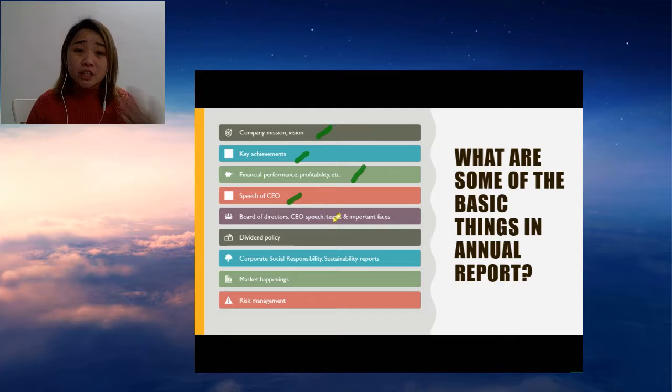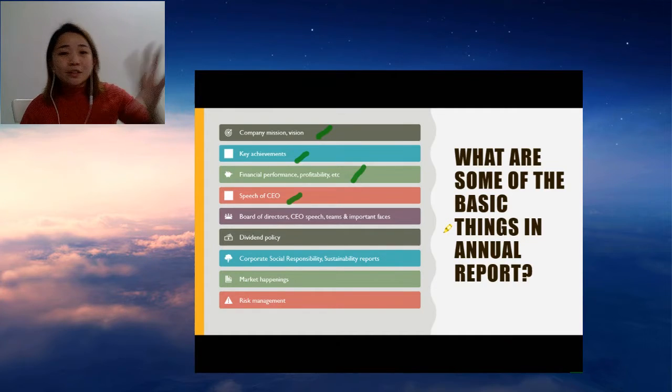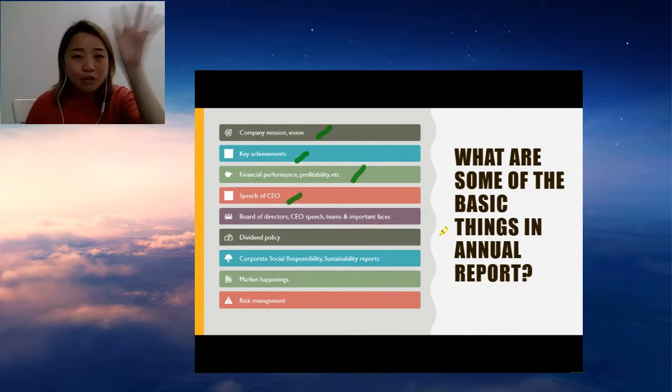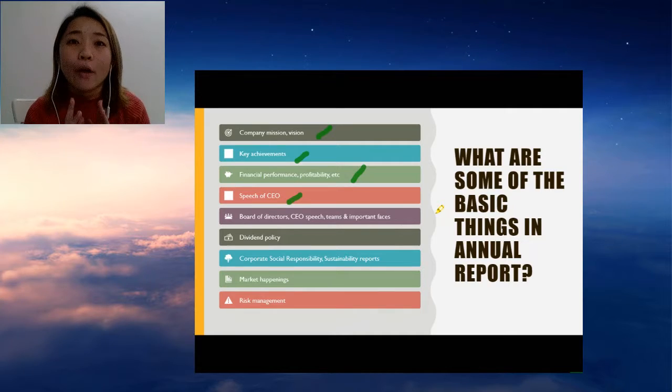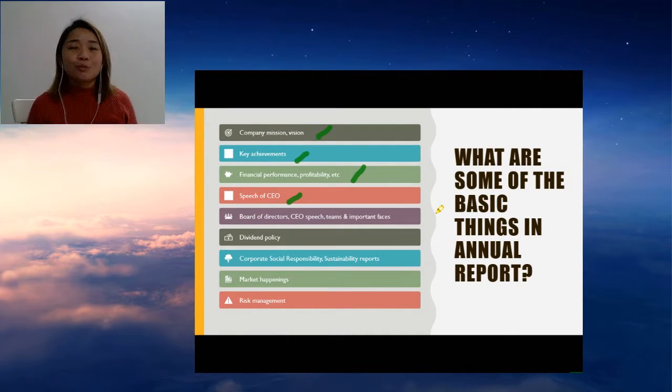The speech of the CEO as well, of course. Okay, the board of directors, you're gonna showcase the people, the board of director, the top management. That's why in the annual report you always see them posing for the photo. So it's very typical, right? And I'm telling you, those photos takes forever because the board of director will always want to look this way and that way, and know how they stand and all of that.